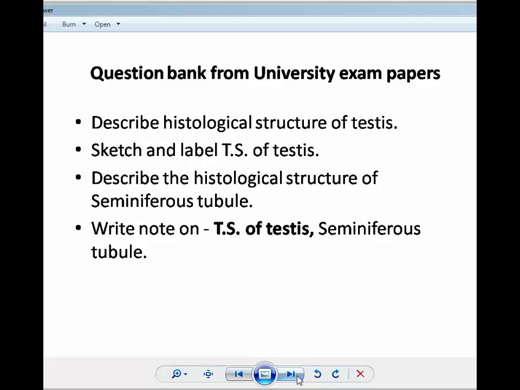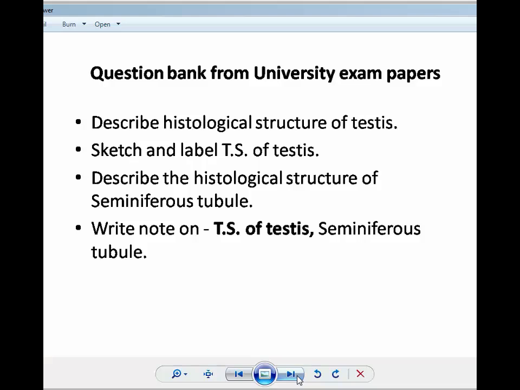All has to be discussed under this heading of the entire histological structure of testes. Then sketch and label a TS of testes. The diagrammatic presentation you have just observed, showing the entire testes with all the duct system, has to be drawn.